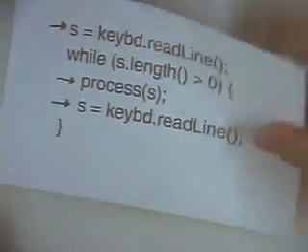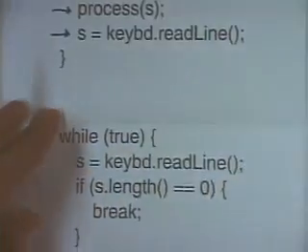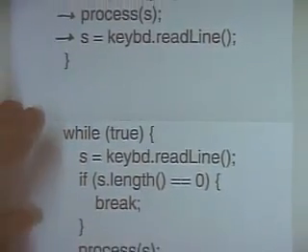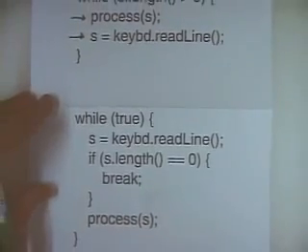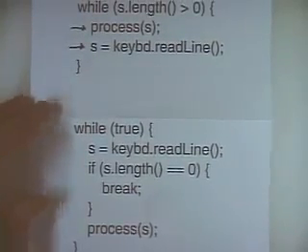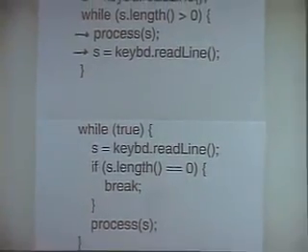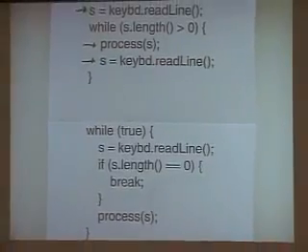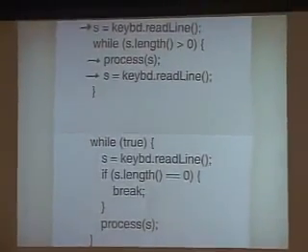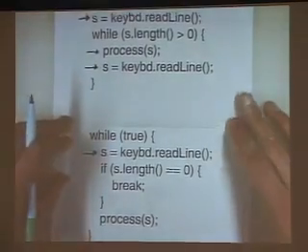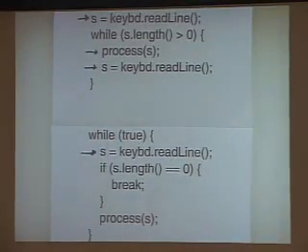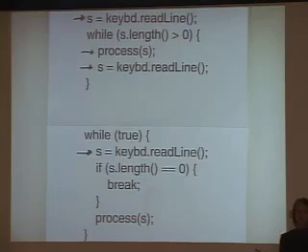The other way is you can do the break statement. And so that's the example on the bottom here. Here the idea is we're only going to have the line that reads from the keyboard once. And we're going to have it inside the loop.